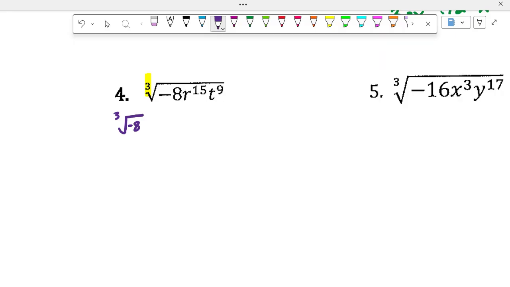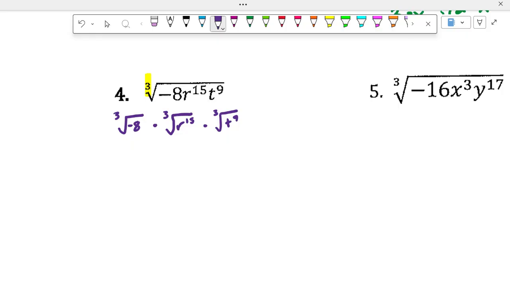How many groups of 3 can I make in 15? 5. Is there any left over? Nope. So r to the 15th is by itself. How many groups of 3 can I make in 9? 3. Are there any left over? Nope. So t to the 9th. So what's my answer?